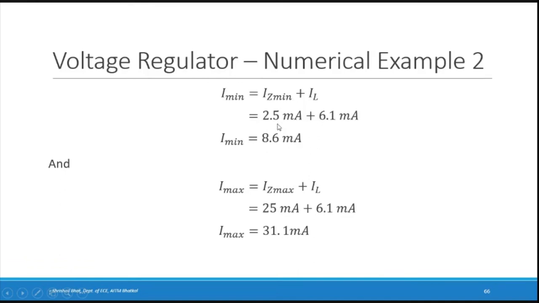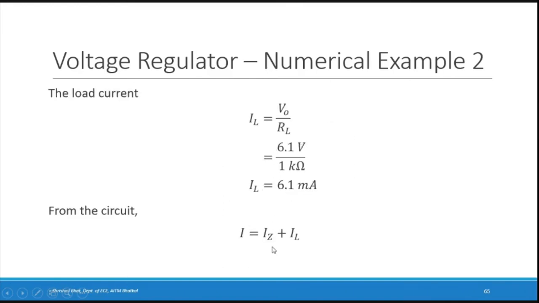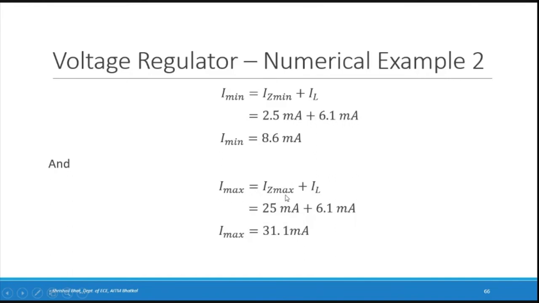If you add them together, you get the minimum current flowing through that 2.2 kilo ohm resistance. That is I min, 2.5 plus 6.1 is 8.6 milliamps. Similarly, if you substitute the maximum Zener current Iz max, you will get the maximum value of I, that is I max. Iz max is given as 25 milliamps, and IL is 6.1. If you add them together, you'll get 31.1 milliamps. This is the maximum current that can flow through that.